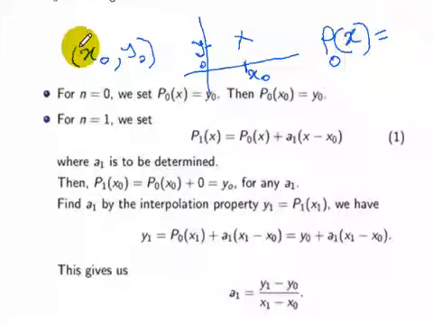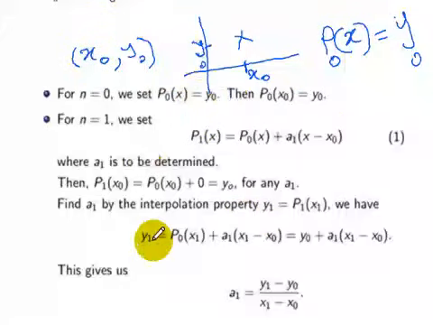Because we have one data point, the degree is 0, that means a constant polynomial. So the output should be y0. This is the polynomial that passes through this point.